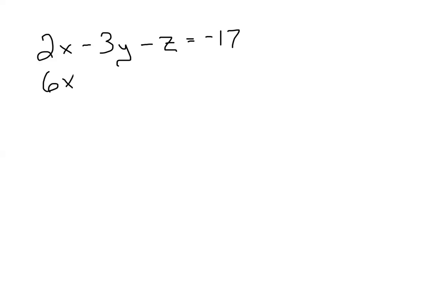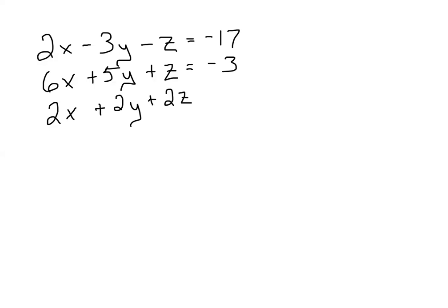Next one, 6x plus 5y plus z equals negative 3. 2x plus 2y plus 2z equals 8. Now, I like to work down the left side with my equations and do the actual work on the right side with the math.